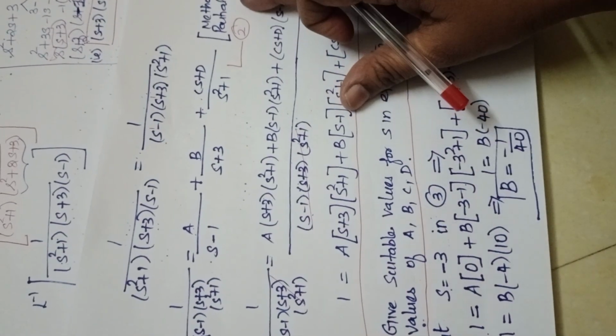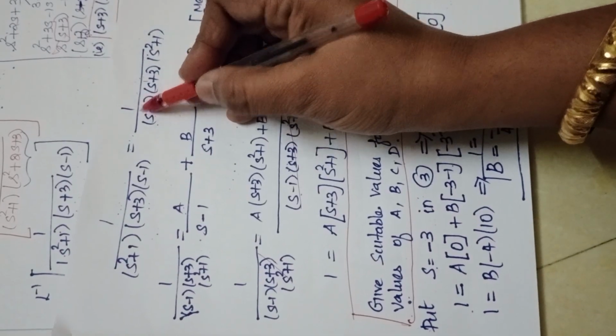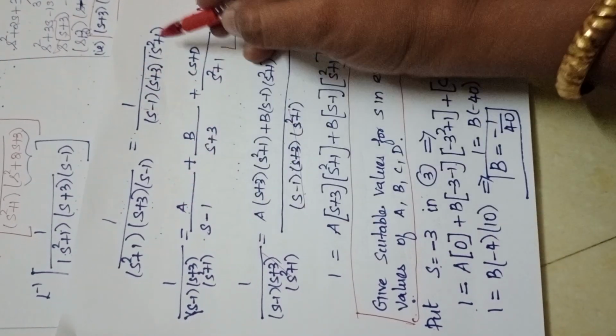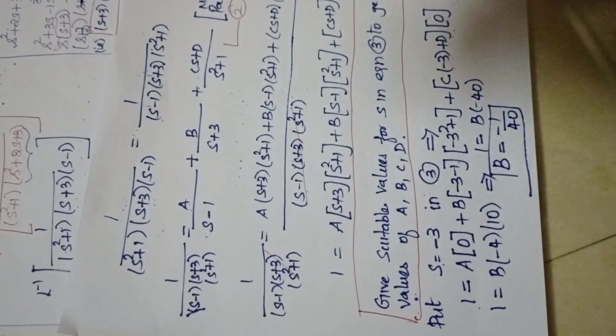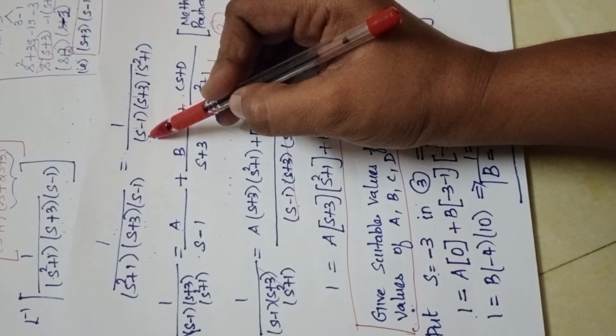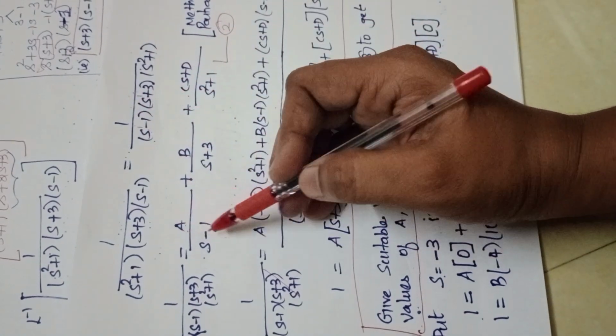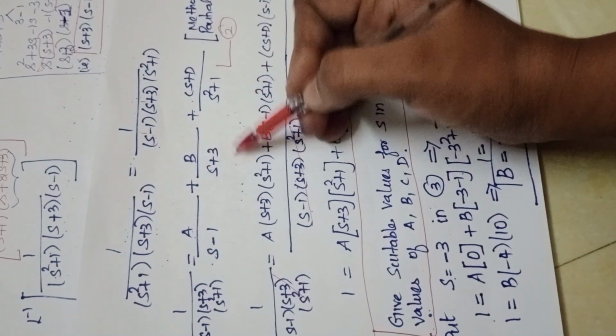So that we apply the method of partial fraction. This is separated as follows. If s is power 1, you have to define one constant. If s is power 2, we have to define two constants. So every factor will take one constant in the separation of partial fraction. So s minus 1 is taken as A by s minus 1. S plus 3 is taken as B by s plus 3.